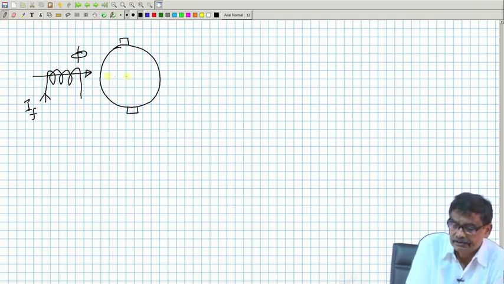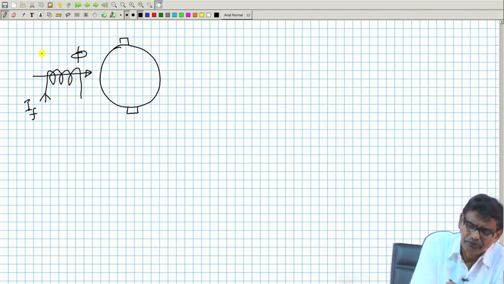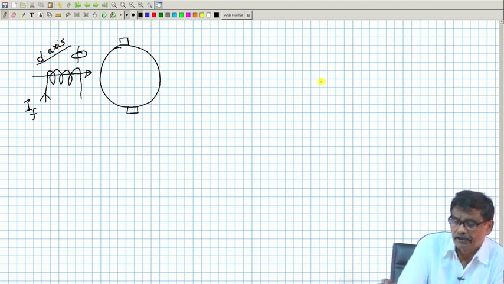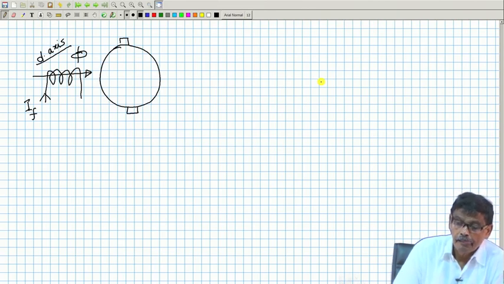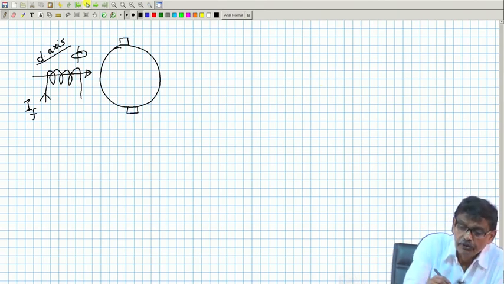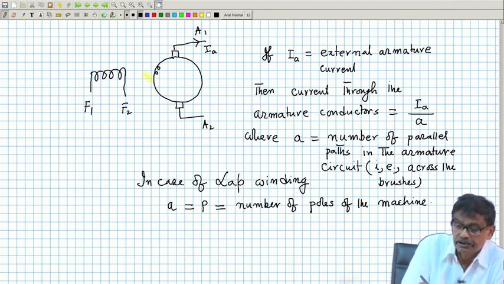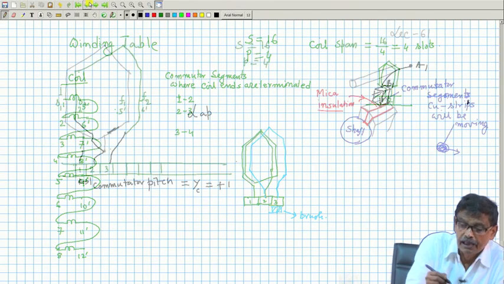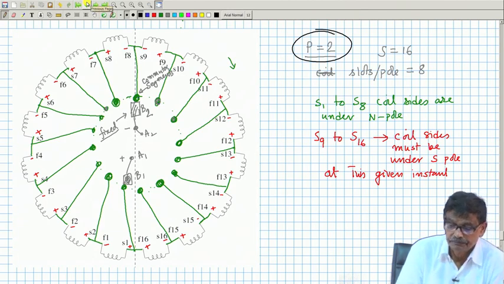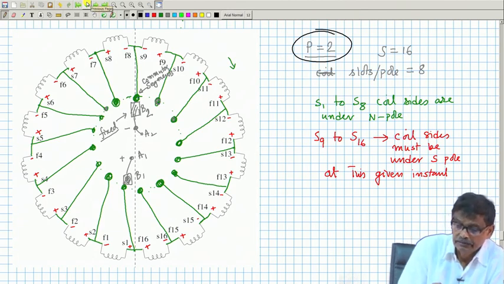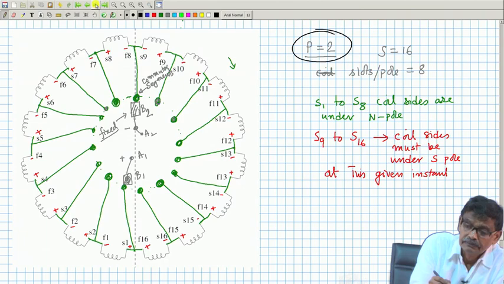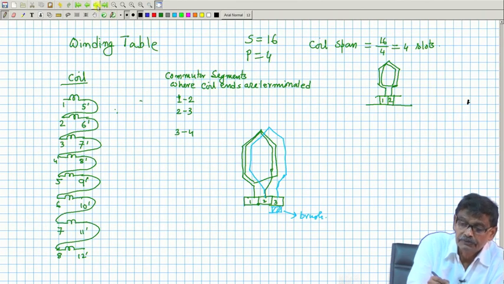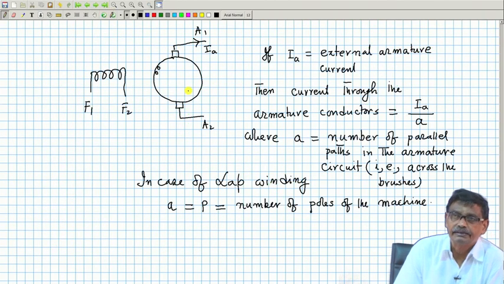So flux is created, and this is often called the D axis; forget about this name right now, it is not necessary. So, this is the flux. Incidentally, why the brushes are shown here and not here will also be apparent from this diagram. Brushes will always be along the quadrature axis, clear. So that is why the brushes are shown like this.